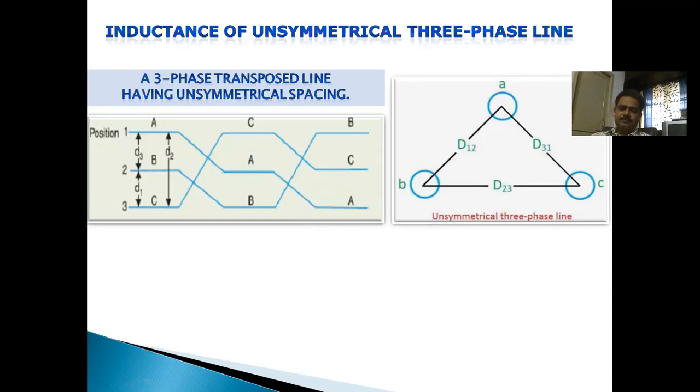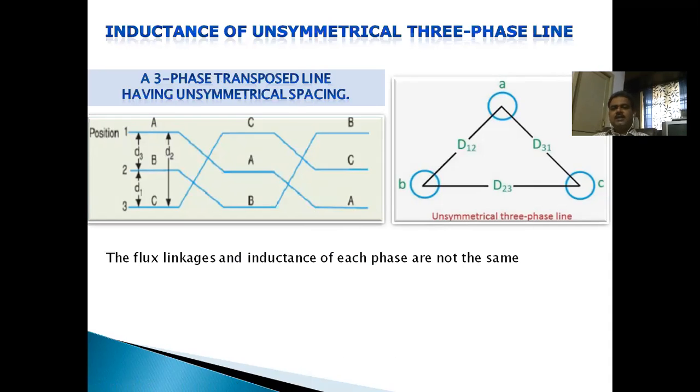Okay, is it clear? So what are the disadvantages? If we observe, the flux linkages and inductance of each phase are not the same if the conductors are not transposed. That means the inductance at this position is some value, at this position it may be a little bit higher, and at this position a little bit less.